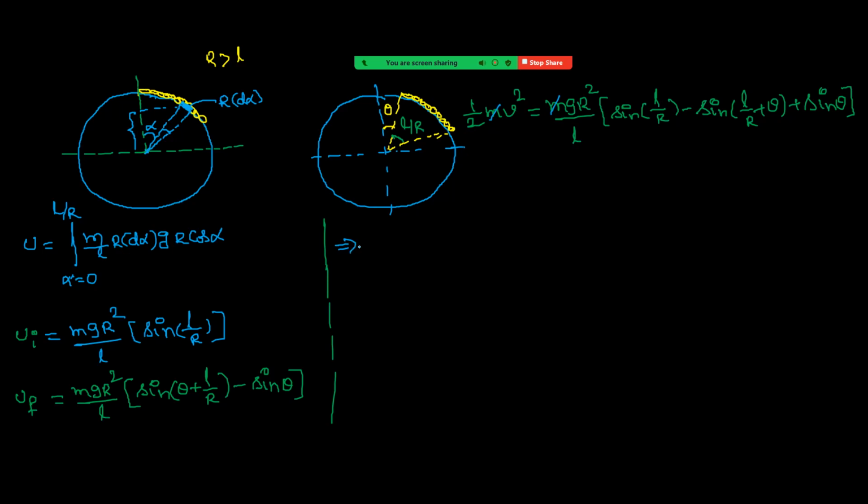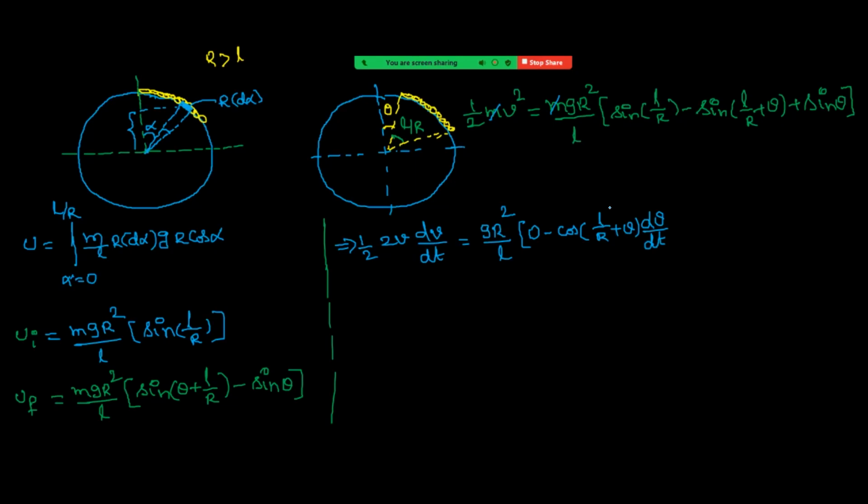So I am differentiating that half derivative of v square, 2v into dv by dt, that is equal to gr square upon L. This is a constant, so derivative 0 minus derivative of this one. It is a cos(L by R plus theta) into d theta by dt.